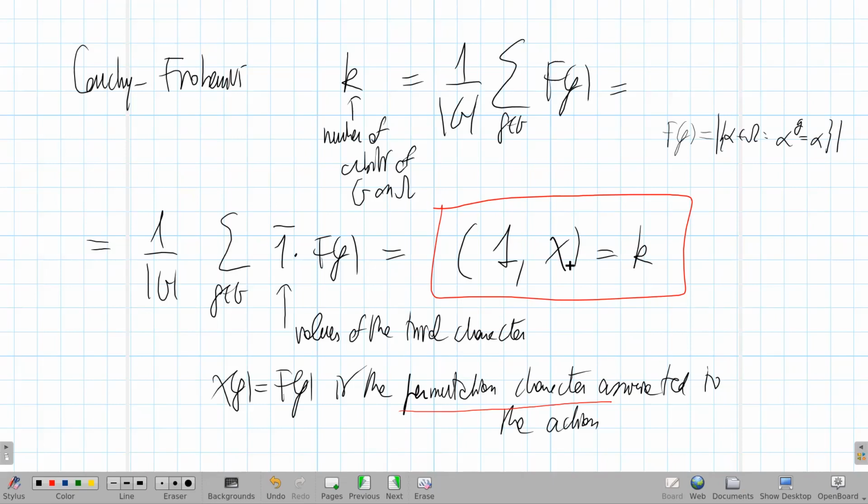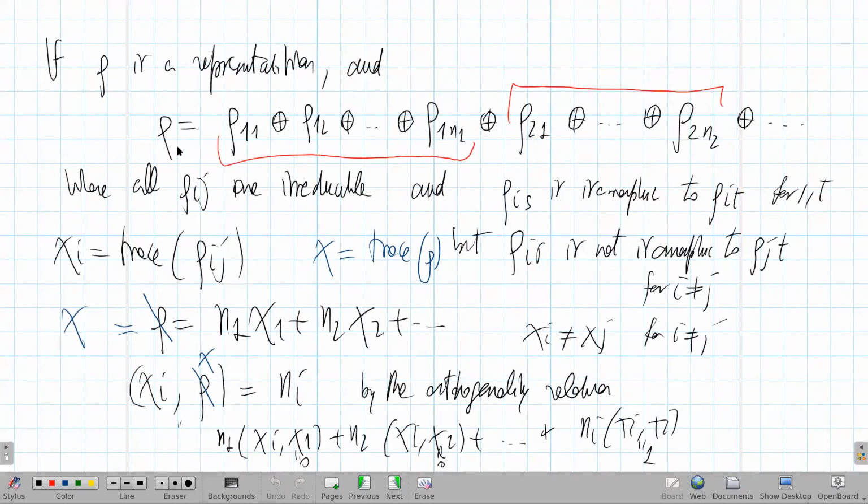And if you take the inner product with an arbitrary character, you find the number of times this character appears in the decomposition of chi, the character chi, as the sum of irreducible characters. This is something we had seen here. You write rho as a sum of irreducible representations.